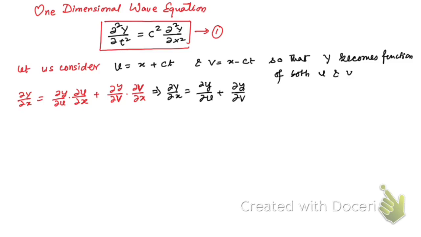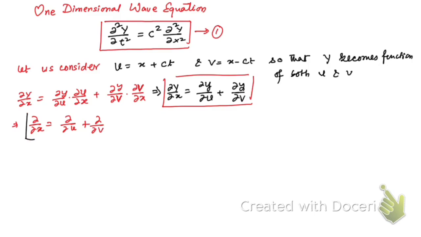And this equation implies that del by del x is equal to del by del u plus del by del v. We can write this way.